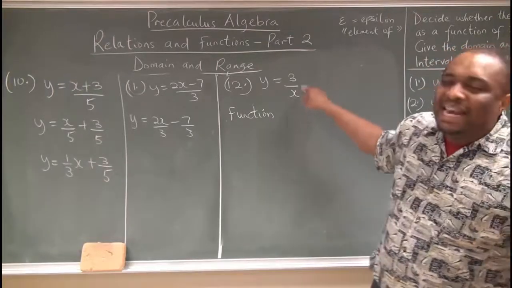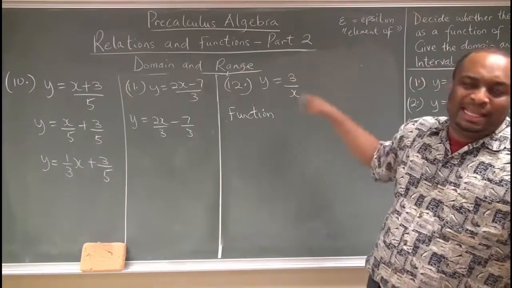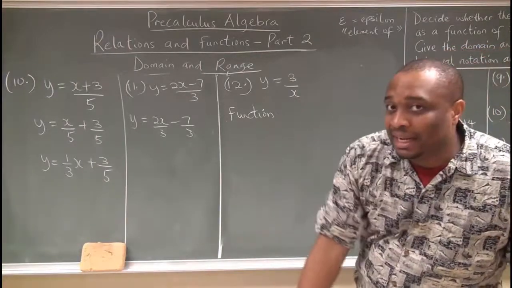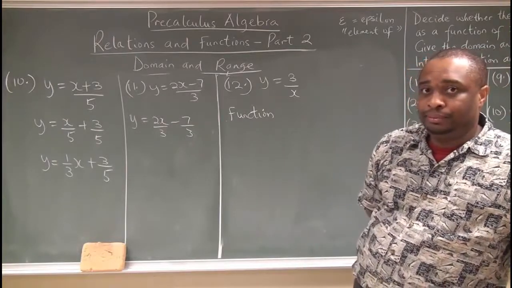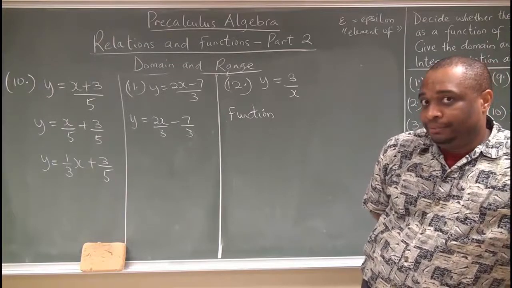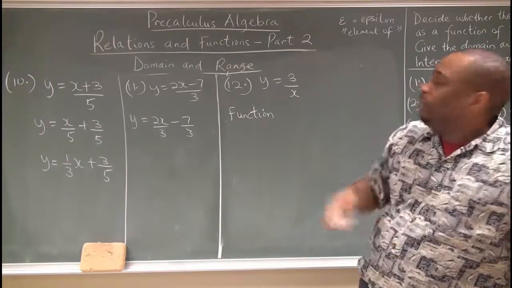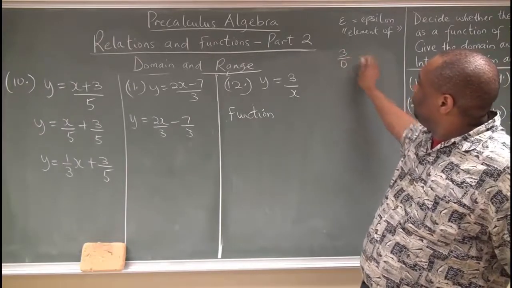Now, is there any number that you can use as x such that you won't get a real output? What I mean by a real output is an output that is a real number. So, press in your calculator 3 divided by 0.